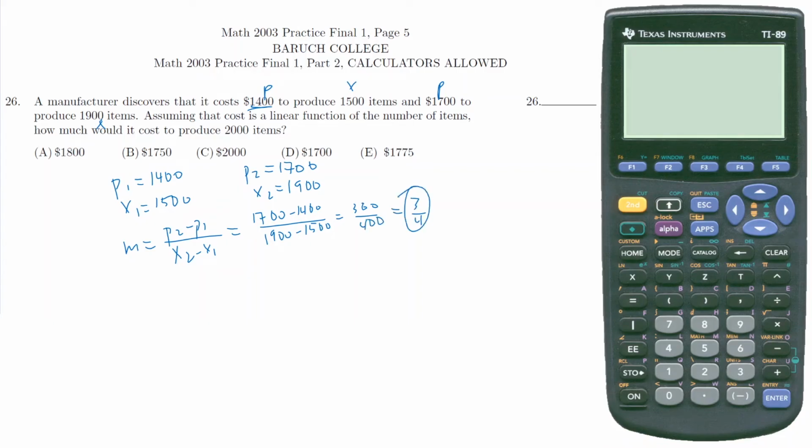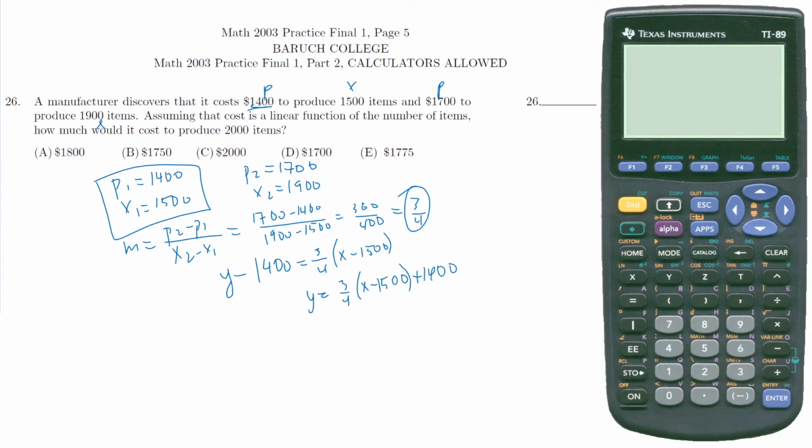This is my slope. Now, in order for me to find the actual equation of the line, y minus, let's assume I'll just select that point, minus 1400 equals 3/4, which is our slope, times x minus 1500. Now, I will bring the 1400 to the other side, so y is equal to 3/4 x minus 1500 plus 1400.